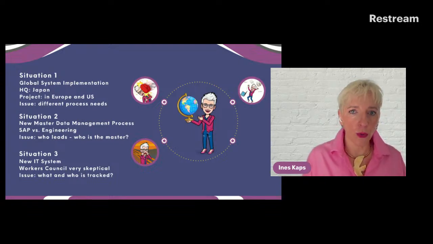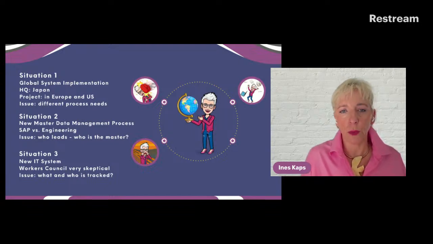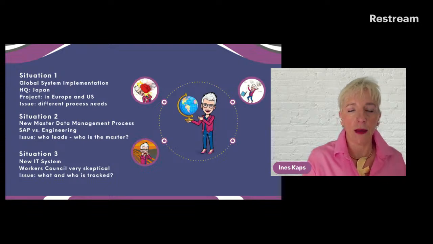And the question of ownership was very much attached to the system, because some people from the engineering departments never used SAP, so they were really against having SAP as the leading system, because they feared they would lose the influence and the power. So yes, it was a technical question and a process question, but in the end, it was also about who is the owner, who has the power and the influence.